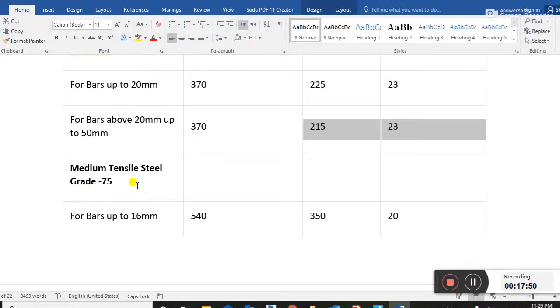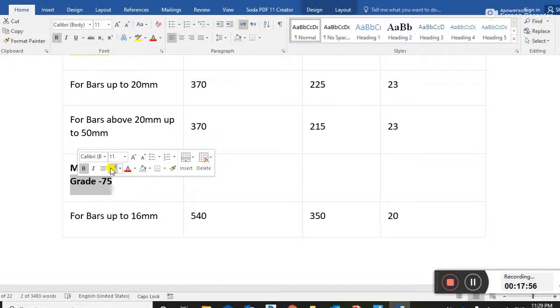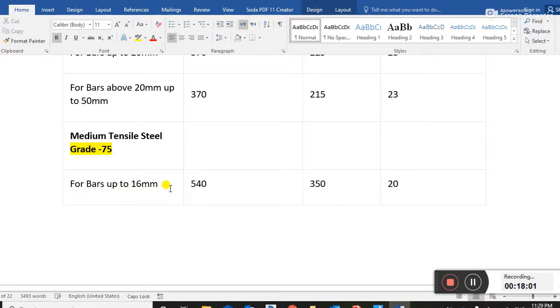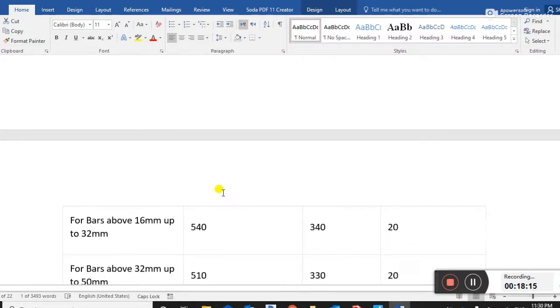Again, medium tensile strength is still grade 75, guys. For bars up to 16 millimeter, the ultimate tensile stress is 540 and yield stress is 350 and percentage of elongation is 20%.